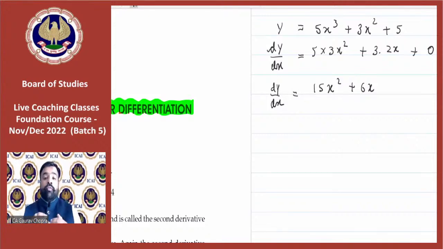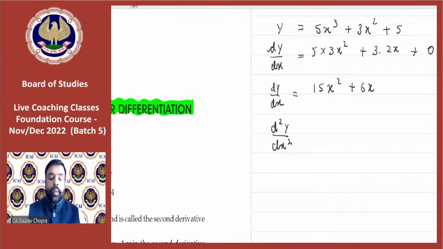Now, if we have to find the second order derivative, then we have to use dy by dx as the base. So for second order, we write d2y by dx square. This 2 indicates that this is the second order derivative. So again, we have to find the derivative, but using this equation.